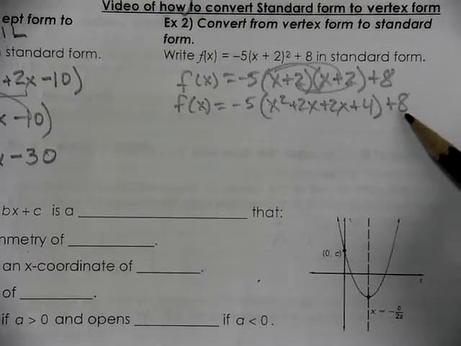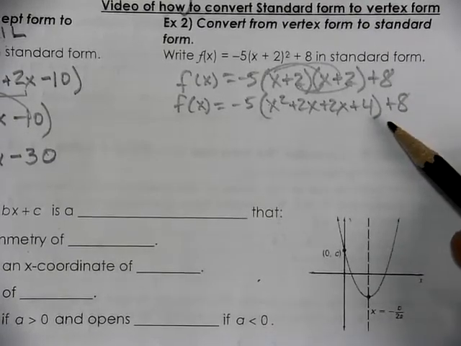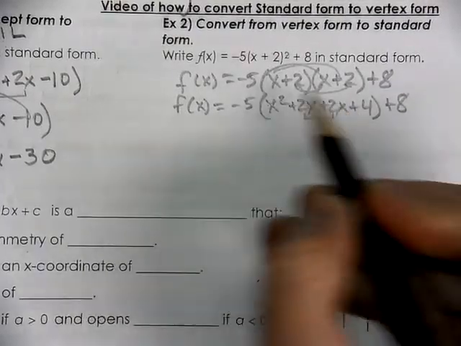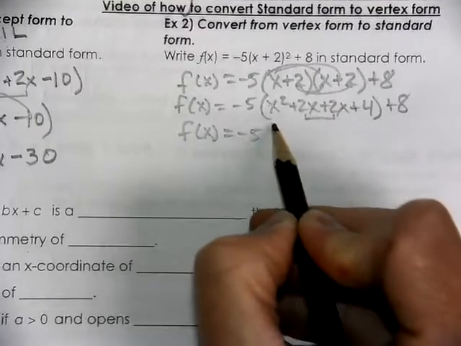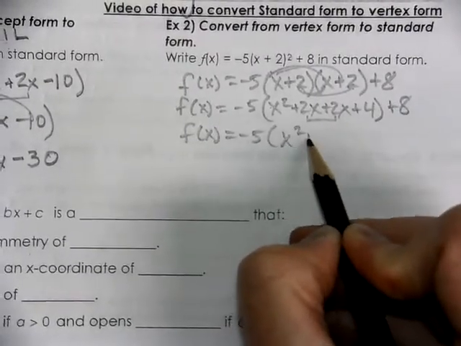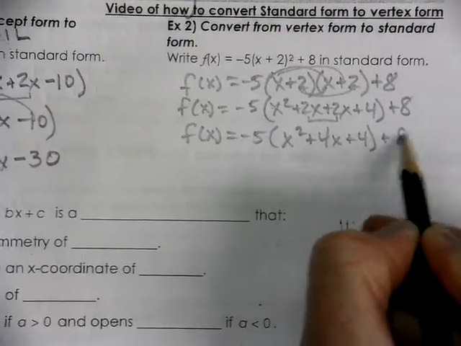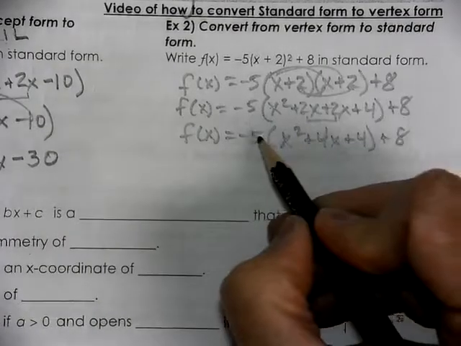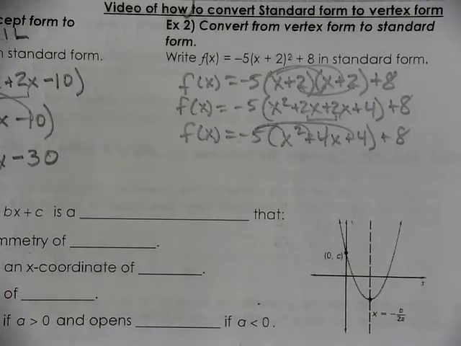Now, just because the 8 and the 4 are near each other does not mean we can call that 12 yet. This is actually a need for us to collect like terms. So we have x squared plus 4x plus 4. And then the 8. Now we have to distribute the 5. Before we can get to the 8, we have to distribute the 5.